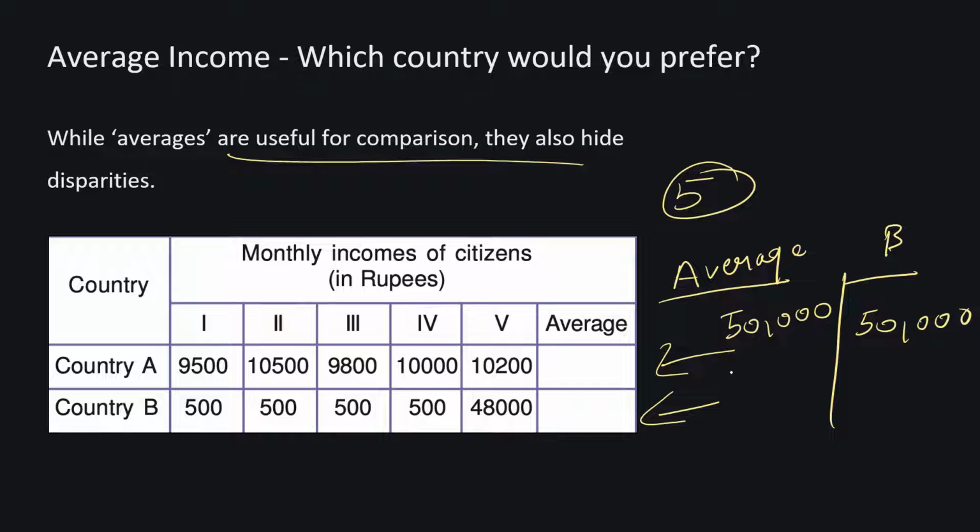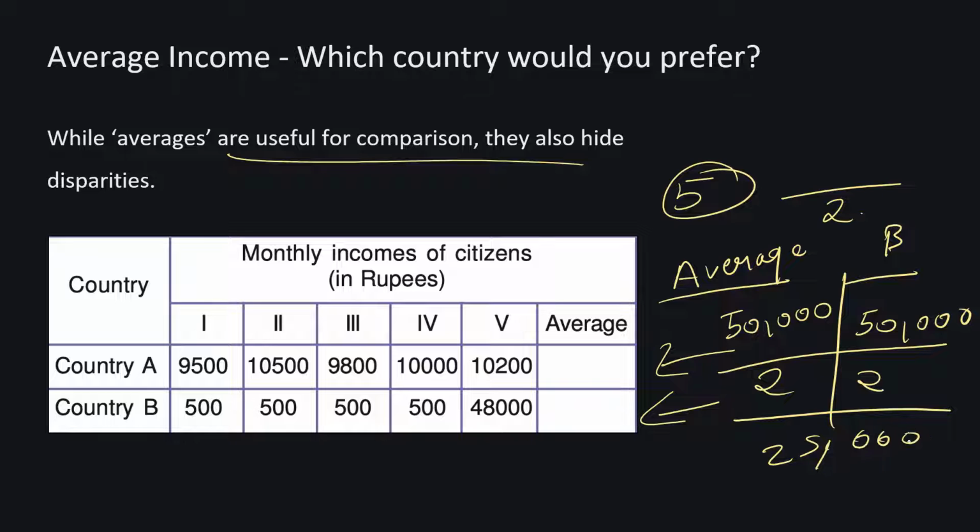Now, average means anything divided by 2. So both are 50,000, 50,000. If I divide them by 2, for both the amount is the same, right? But this is the average amount of country A and country B.